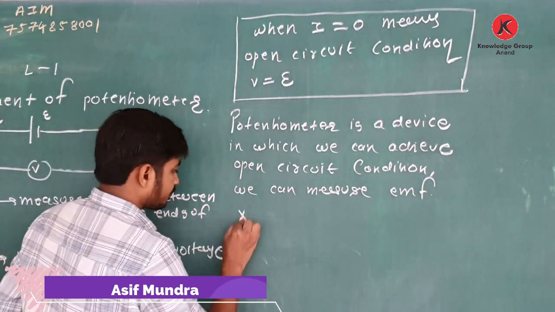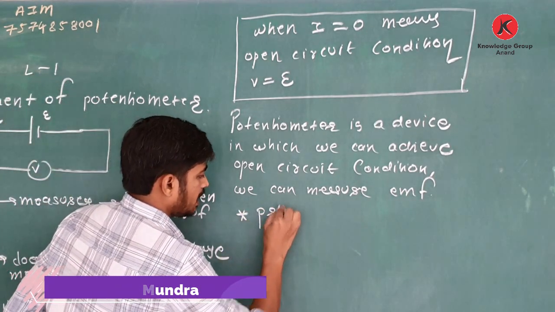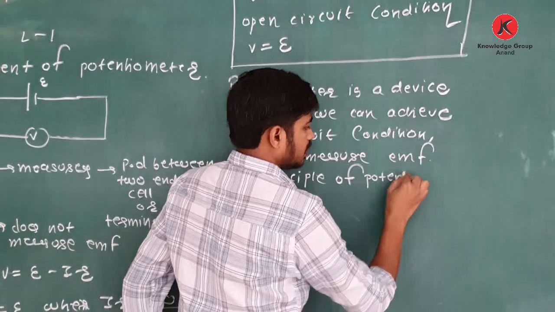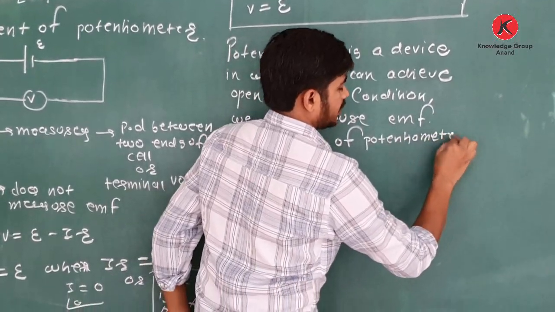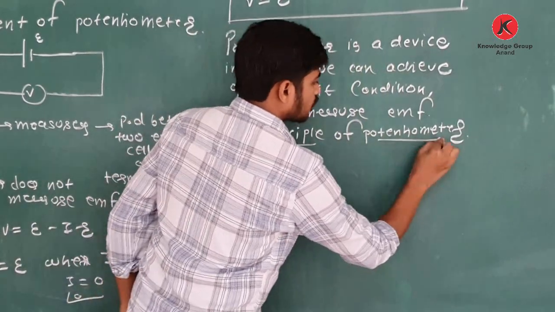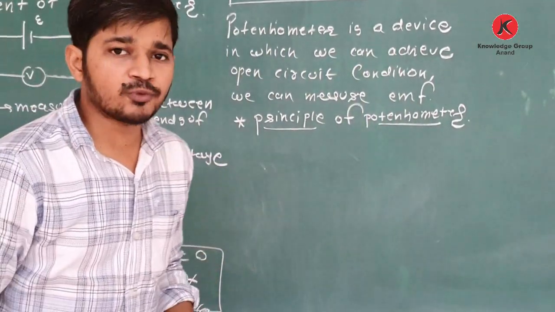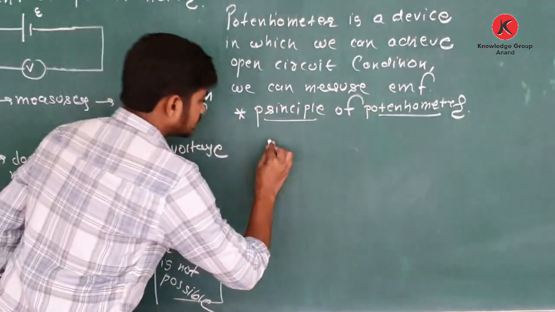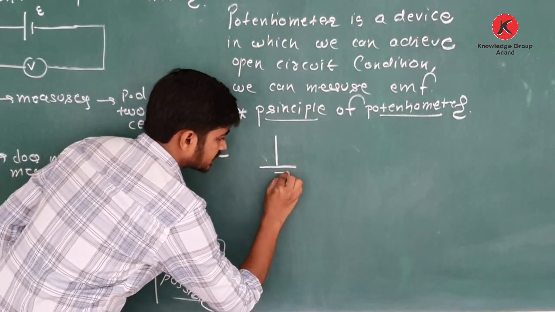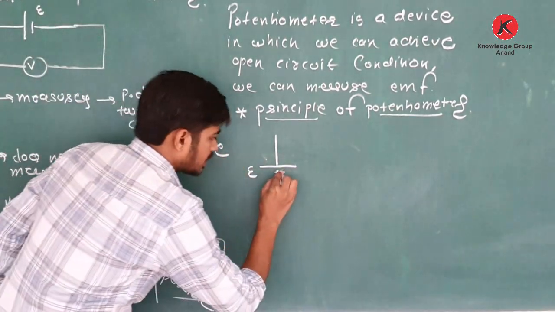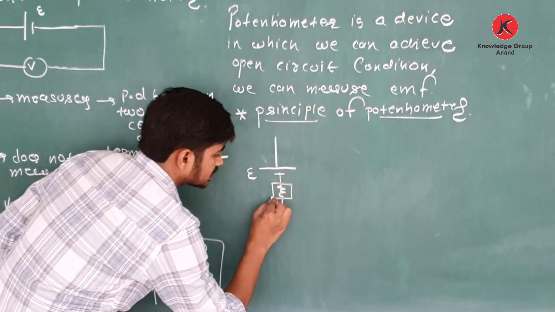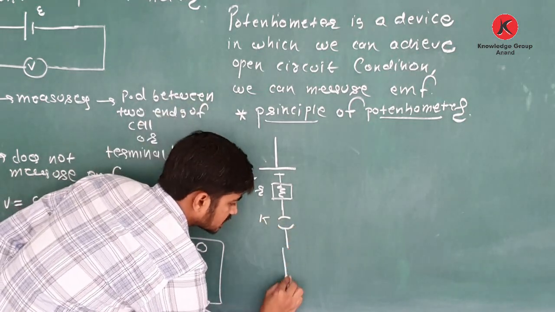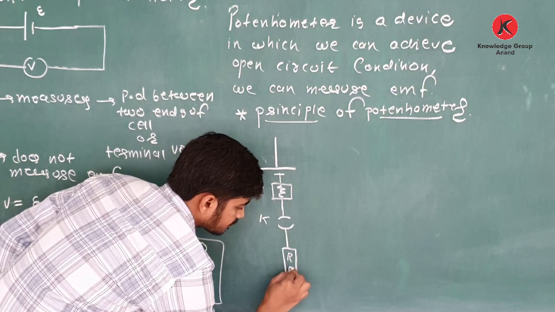Now next one is the principle of the potentiometer. What is the principle of the potentiometer? For better understanding of the principle, we will consider one circuit. Here is a cell of EMF E, its internal resistance r, a key, a resistance box RB.